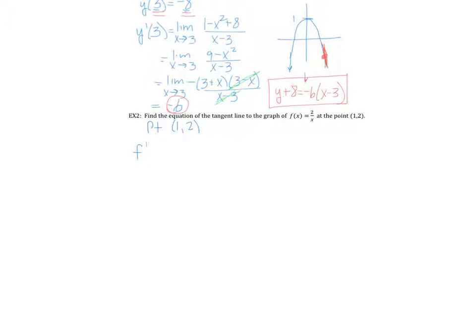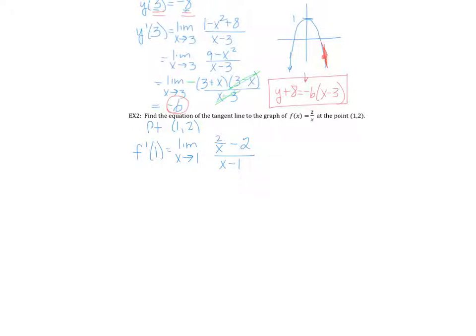I need f prime at 1. And that would be the limit as x goes to 1 of f of x minus f of 1, which was 2, over x minus 1. Now, how did we do these limits last unit?